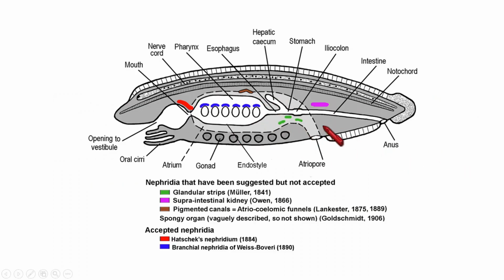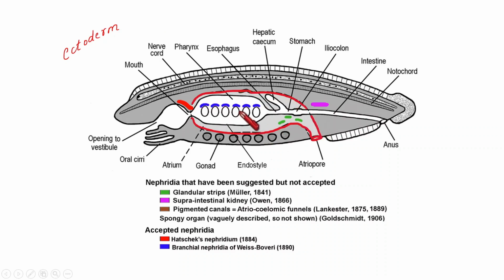In this picture, we can clearly see this is the pharynx, this is the gill opening, and it is opening to a space. This space is the atrium. It is an ectoderm-lined cavity.